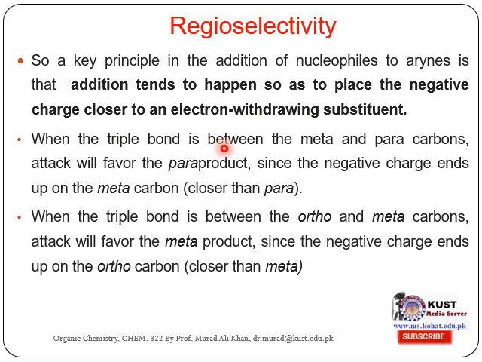When the triple bond is between the meta and para carbons, attack will favor the para product, since the negative charge ends up on the meta carbon, closer than the para. When the triple bond is between the ortho and meta carbons, attack will favor the meta product, since the negative charge ends up on the ortho carbon, closer than meta.